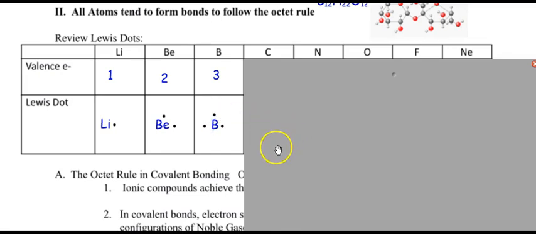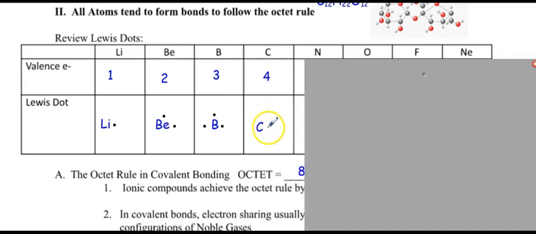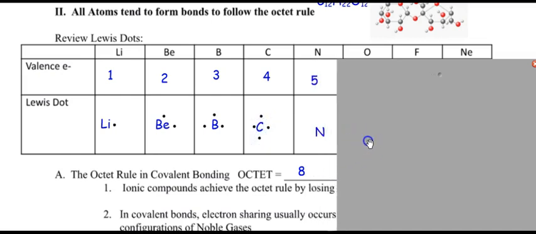Well, look up carbon. How many valence electrons does carbon have? Well, hope you're looking. It is 4. So I'm going to do this. 1, 2, 3, 4. Nitrogen. Well, what's a little bit different about nitrogen? It has 5, so it's 1, 2, 3, 4, 5. Do you remember doing this?